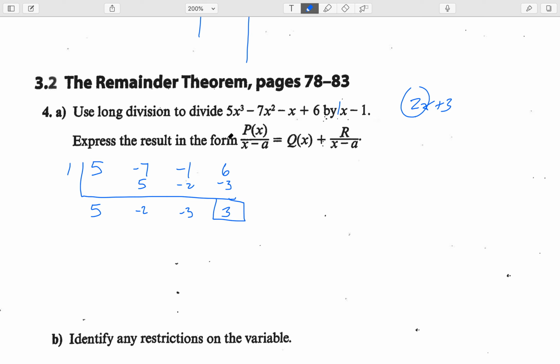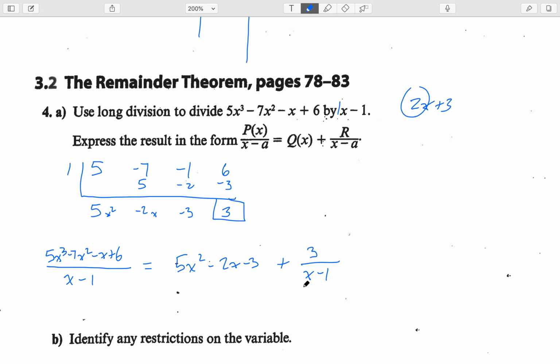And it says express in this form. Well, the polynomial, which is 5x cubed minus 7x squared minus x plus 6, when it's divided by my divisor, which is x minus 1, should equal the quotient, which is 5x squared minus 2x minus 3, plus the remainder, which was 3, over my divisor, x minus 1.